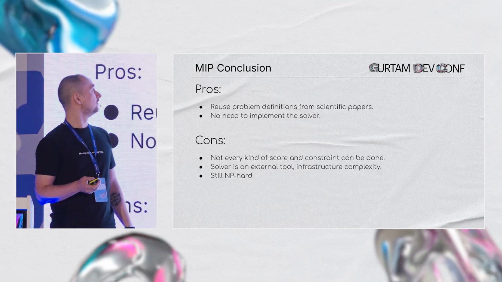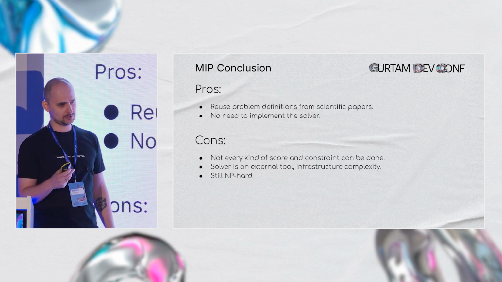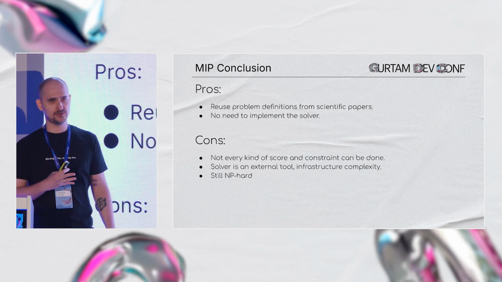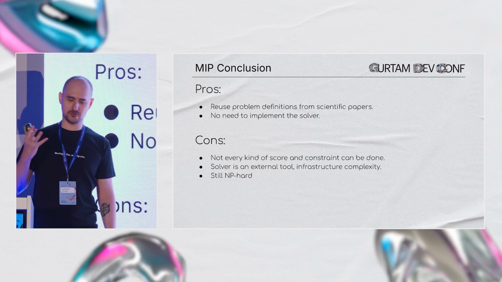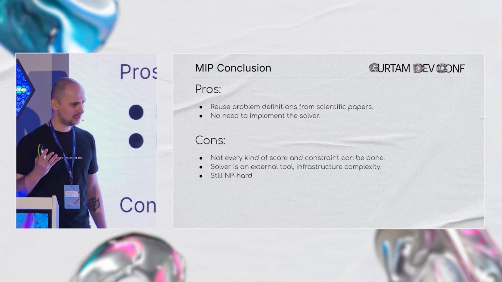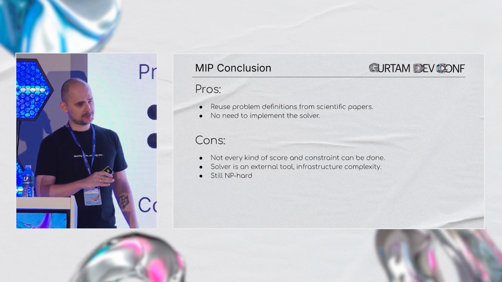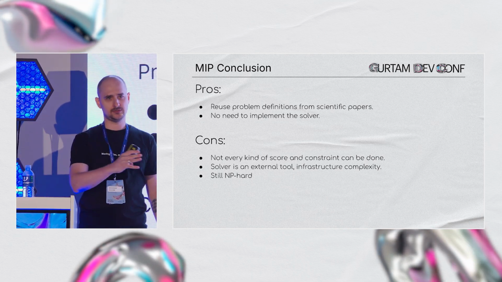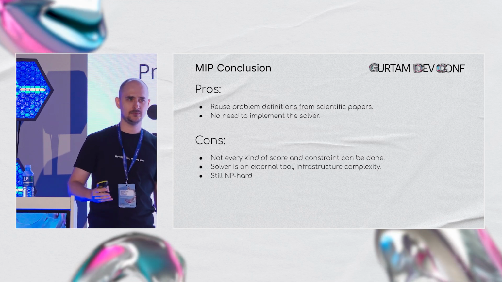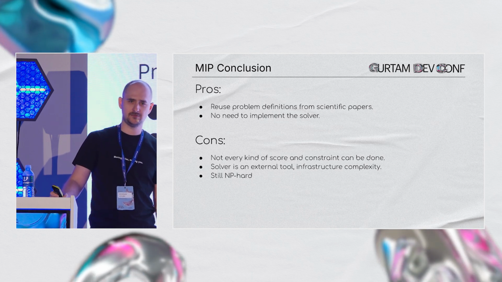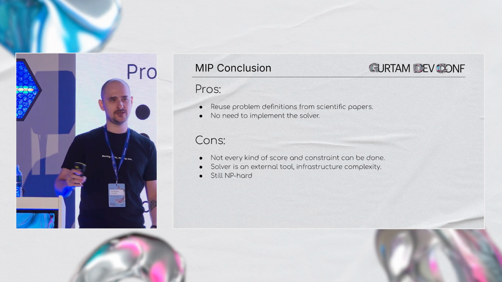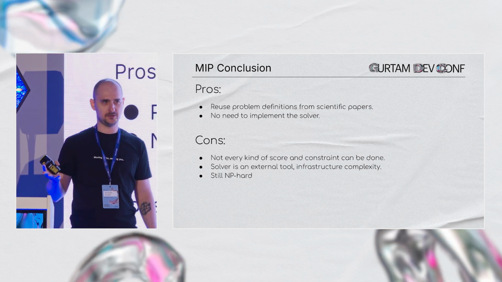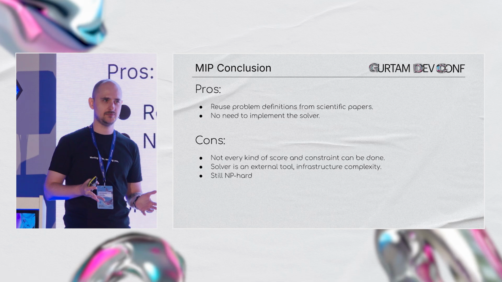And yeah, as a conclusion for MIP solving, you can reuse problem definitions from scientific papers. You don't need to implement stuff. But not every kind of score and constraint can be expressed. For example, if you remember the traveling salesman problem, it's easy to define the shortest route that we try to minimize.